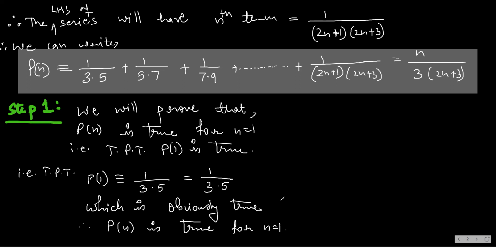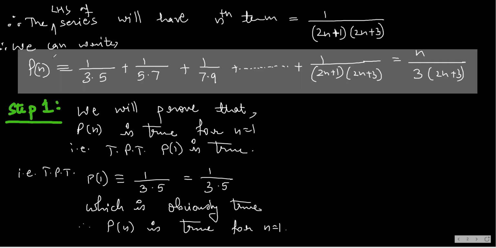Next, now we go for step 2. In step 2, you all know what we will do. Step 2, we start with an assumption. What is that? We will assume that this P of n, which we have here, is true for n equals to k, where k is a natural number.